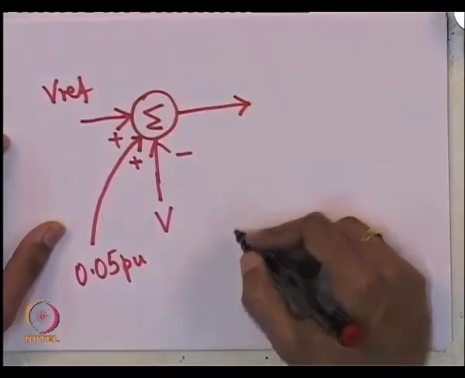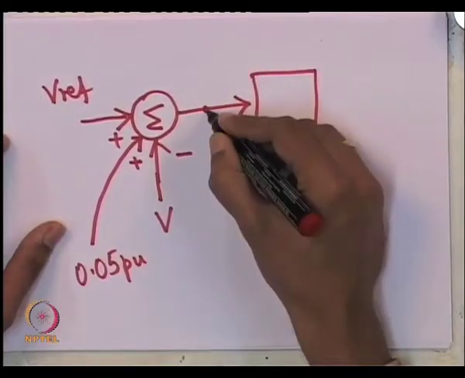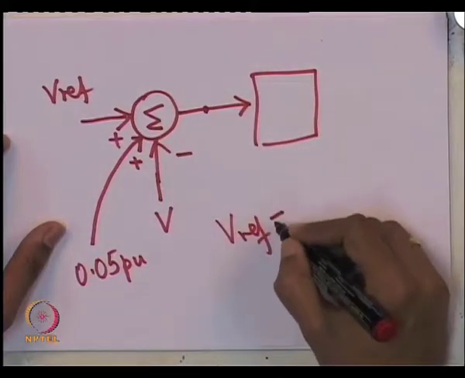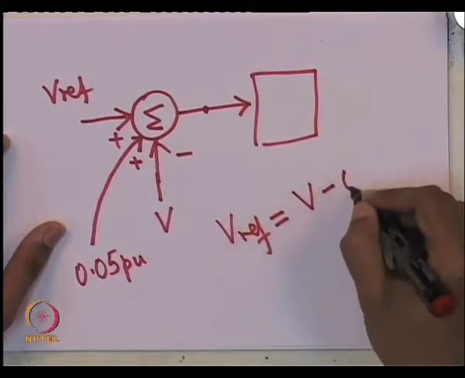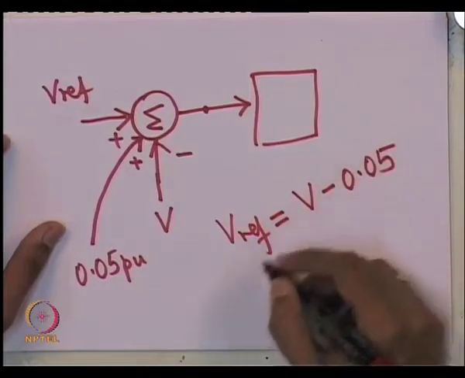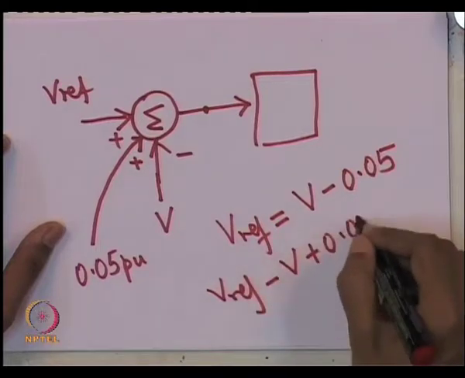So, what will happen is that if the controller here drives this to 0, what you will have is Vref equal to V minus 0.05, or in other words, Vref minus V plus 0.05 is equal to 0.